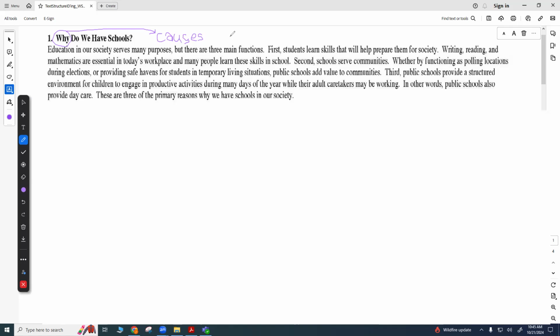Okay, sequence. We'll definitely get a sense of it here, because it doesn't really have a lot of cause and effect signal language in it, right? I didn't pick that because it said first, second, third. Yeah.